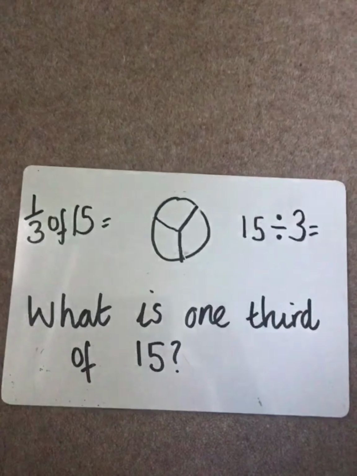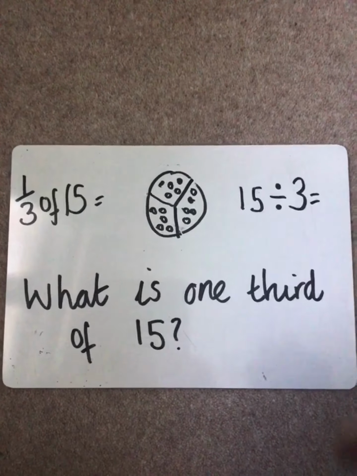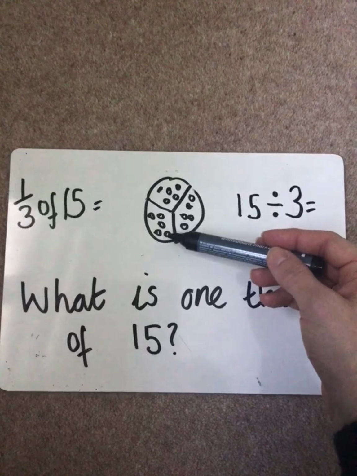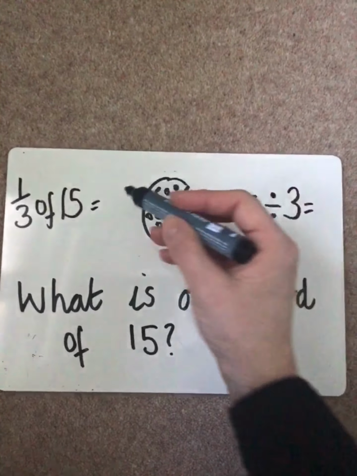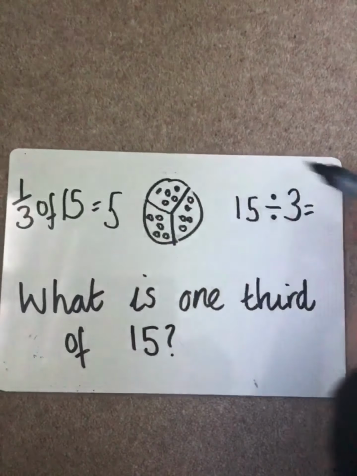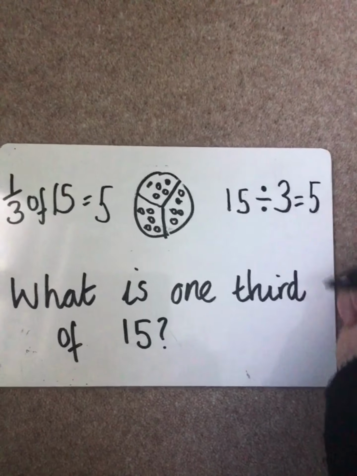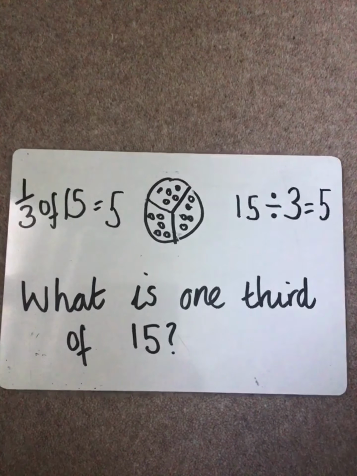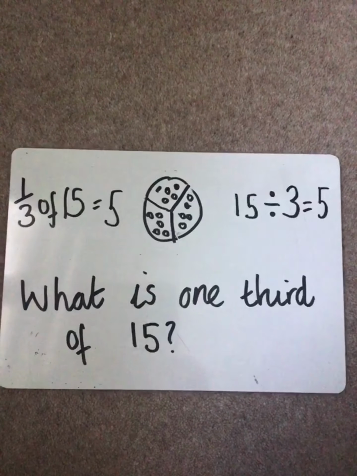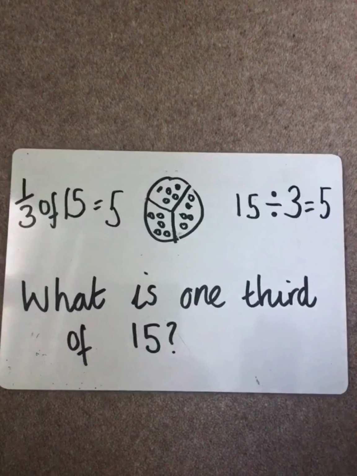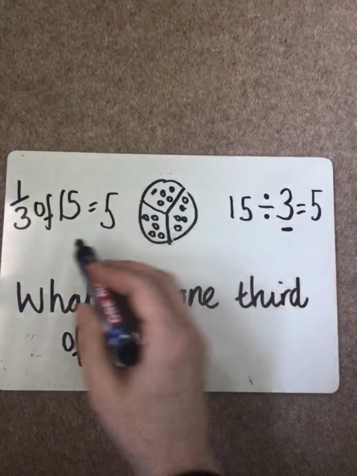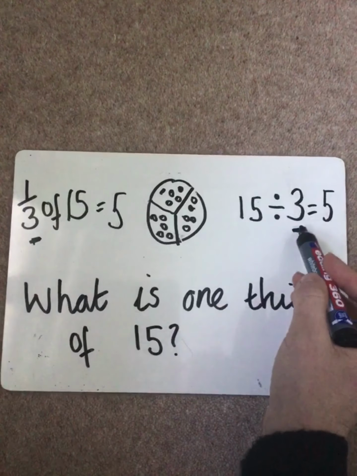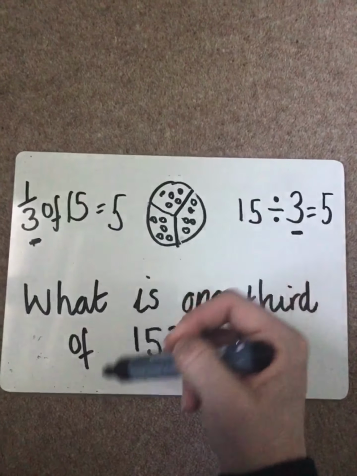Let's work it out. There we go. I've shared my sweeties out into my 3 parts of my plate and I've got 5 in each part. So my answer is 5. 1/3 of 15 is 5. Or 15 divided by 3 is 5. Remember, the bottom number of the fraction is how many we're dividing by, how many we're splitting our plate into.